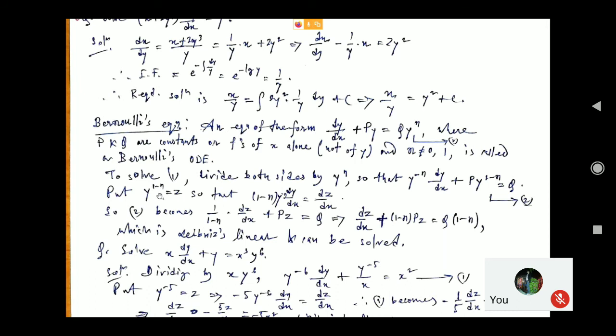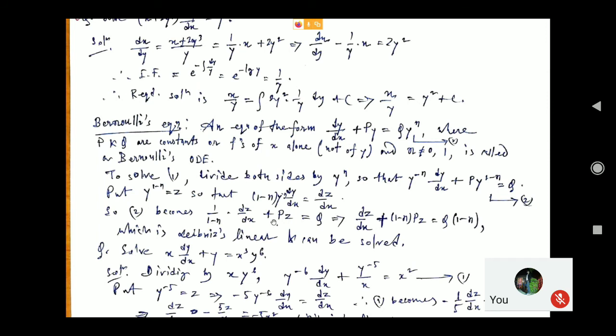So this is just differentiating both sides with respect to x. The power n comes here, 1 minus n into y to the power 1 minus n minus 1. So this expression we get by differentiating both sides with respect to x. Now we use this expression here. Replace the value of dy/dx from here. Then equation 2 becomes like this.